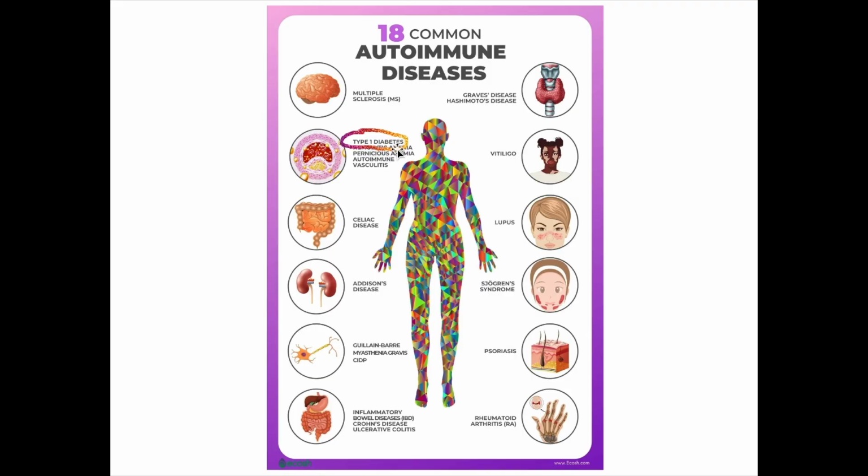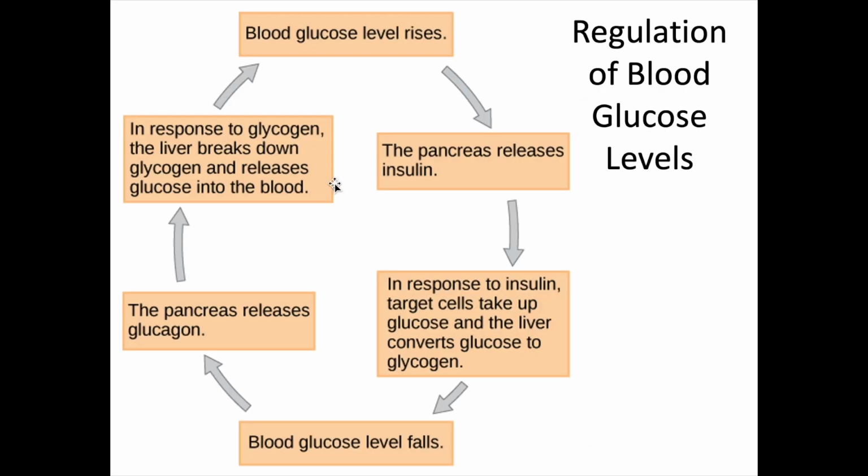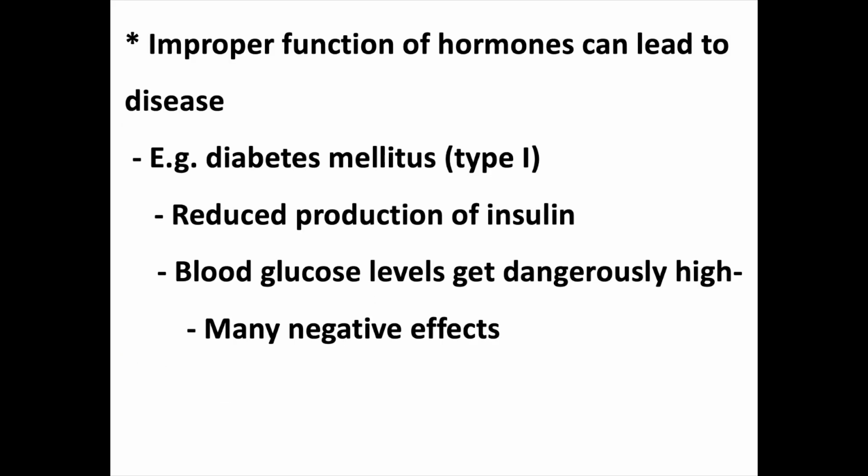Cells in your immune system attack the beta cells of the pancreas. They attack cells that are responsible for producing insulin. So if you do not produce insulin, you're not going to be able to do this. Specifically, you're not going to be able to make the blood glucose levels fall after a meal. So type 1 diabetes is due to reduced production of insulin.